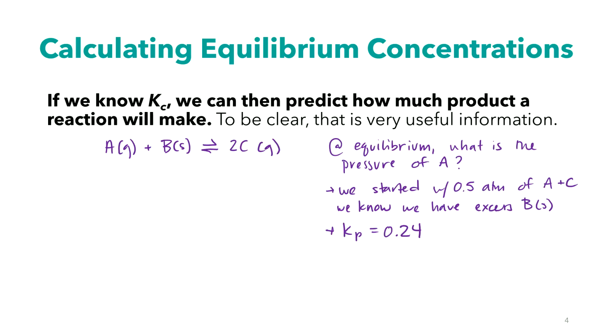You know your initial values. You know what we're going to set it equal to, and you are going to run into the quadratic formula. So at this point, I just want you to set up Kp in terms of x, and let's make sure that you have the right expression for Kp.